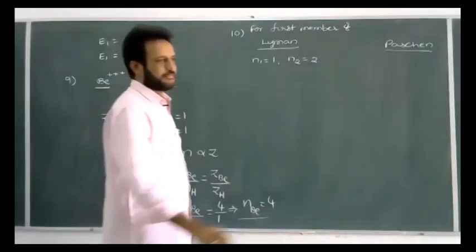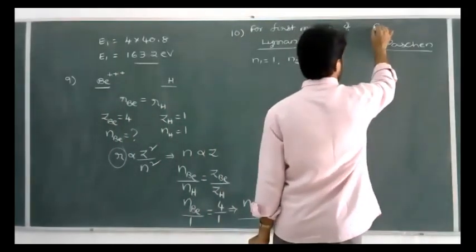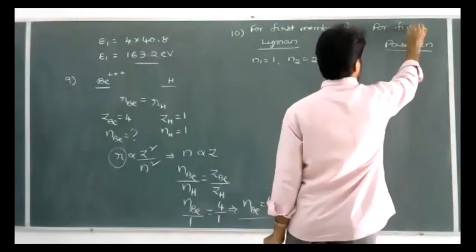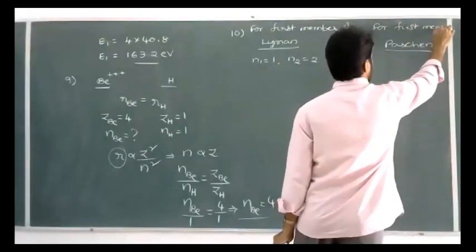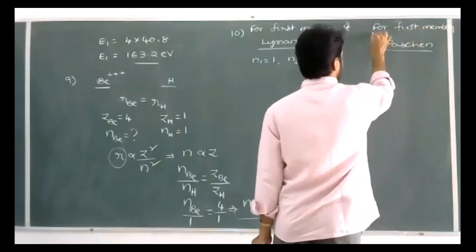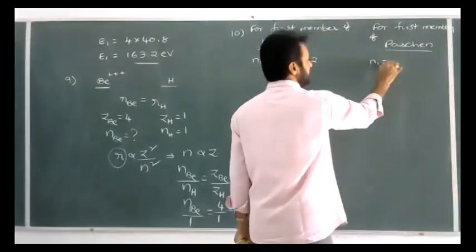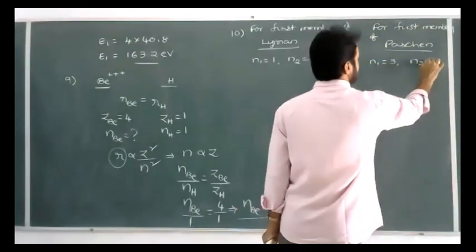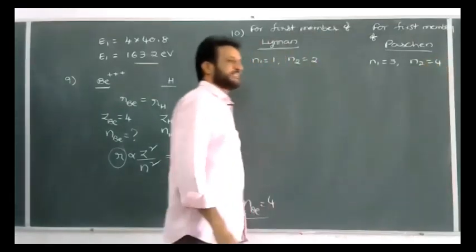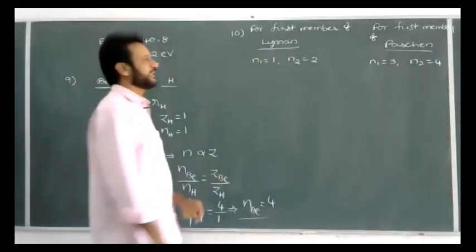Same for first member of Paschen series, n1 is equal to 3, n2 is equal to 4. In both the cases, write a Rydberg formula and take ratio.